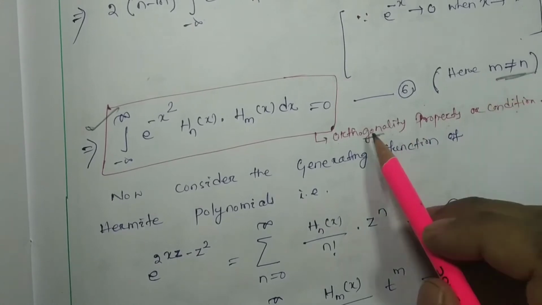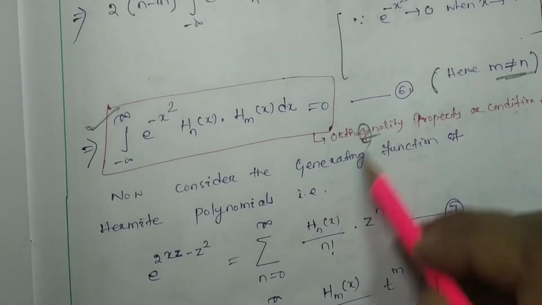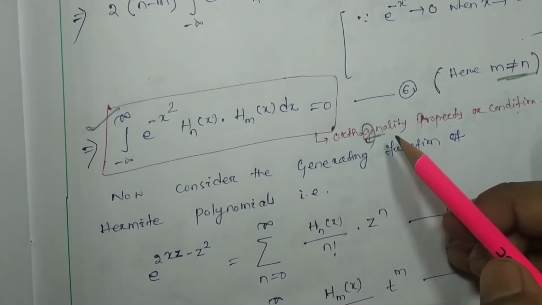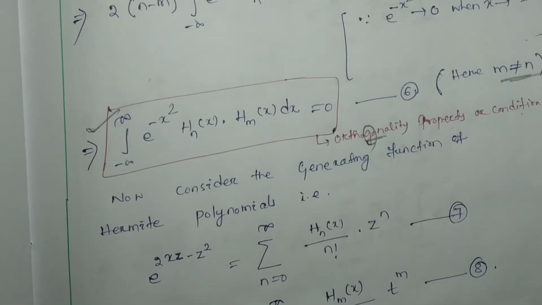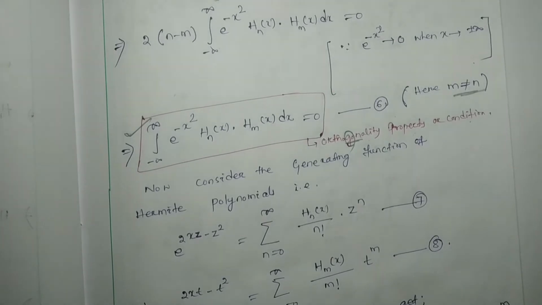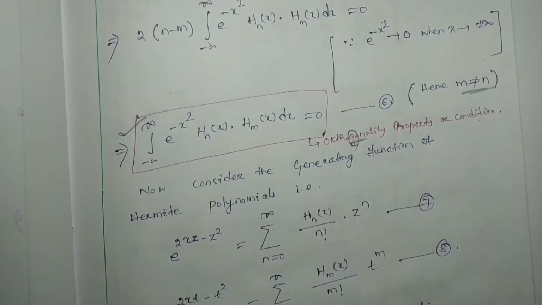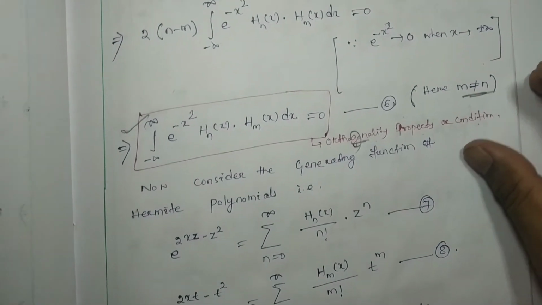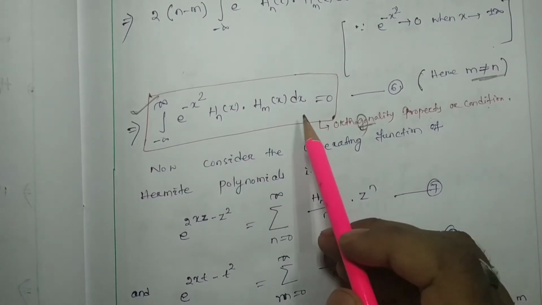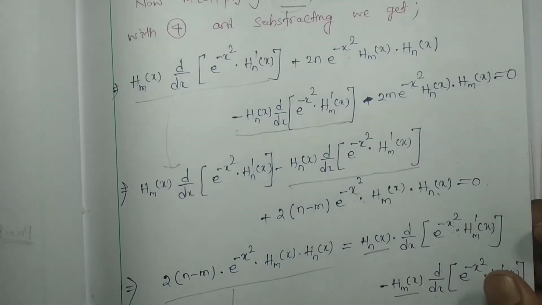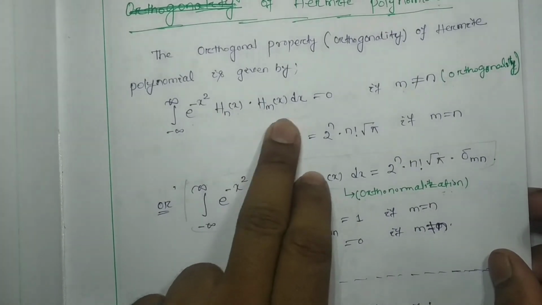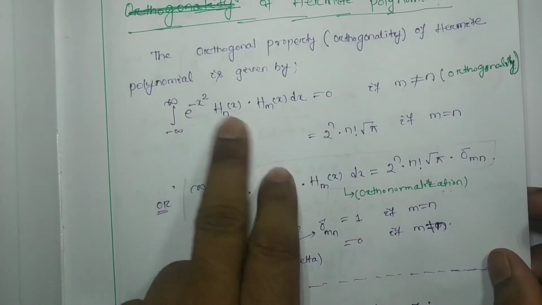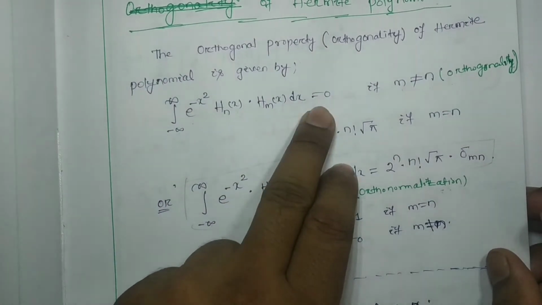But you have to remember, this is orthogonal. For orthonormal, at that time you have to use the Kronecker delta symbol or function. Okay, now here one equation we have found, that is our orthogonal property, that is your orthogonal condition: the integral of e to the minus x square hn x into hm x dx equals 0.